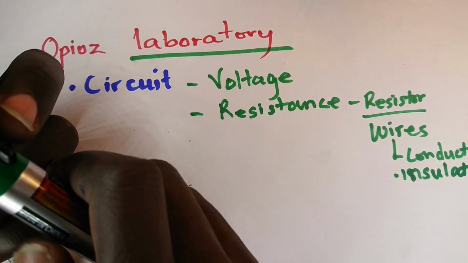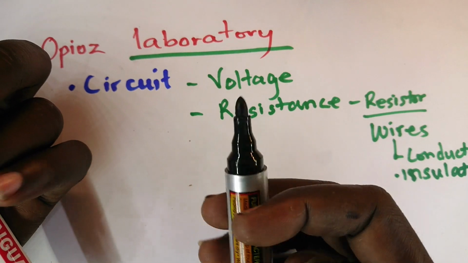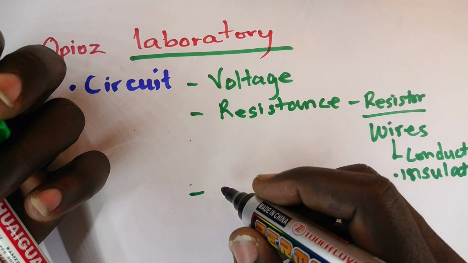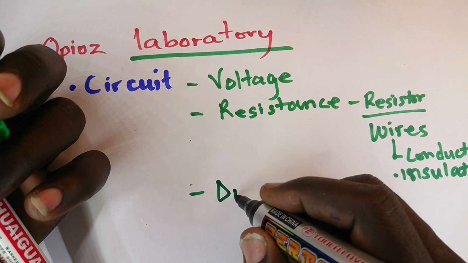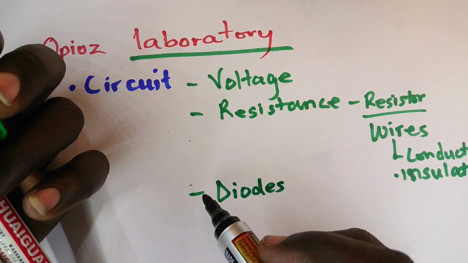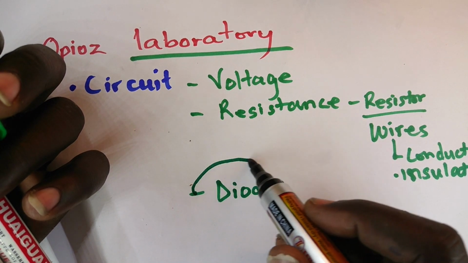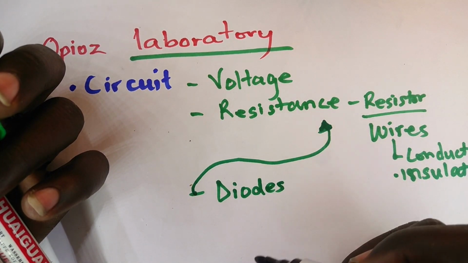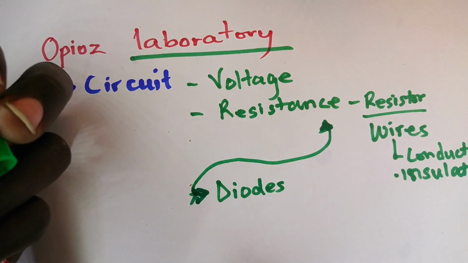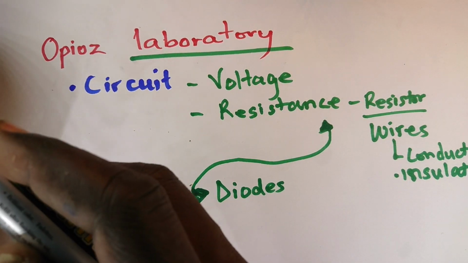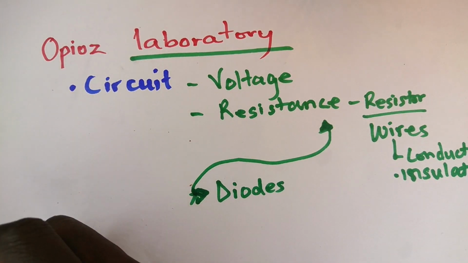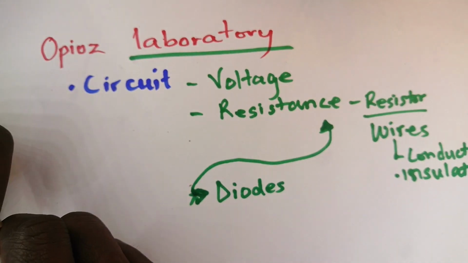Now the next stage after that, I thought today, or hopefully today, I'll introduce you to the concept of diodes. These are sort of a version of resistors, a modified or fancy resistor, and as such I think that's the hope of today's video.